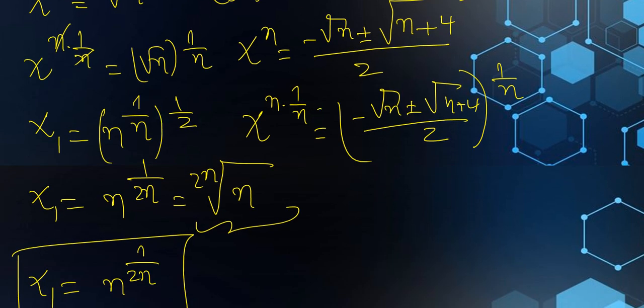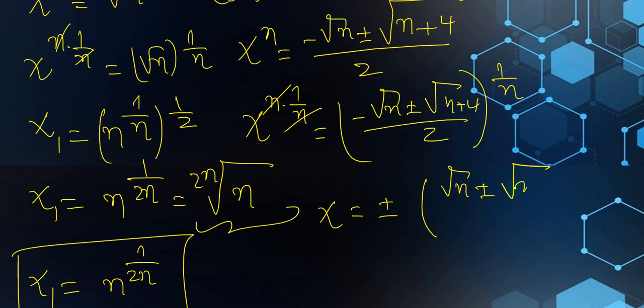So this will go with this, and then we have our x here, which is going to be equal to plus or minus square root of n here, plus or minus square root of n plus 4 over 2 to the power 1 over n.